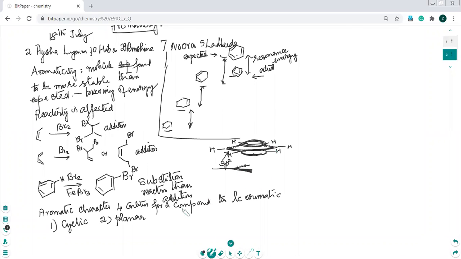So it should be planar. This is the second condition for a compound to be aromatic. Number three, it should contain a p orbital on each atom of the ring.